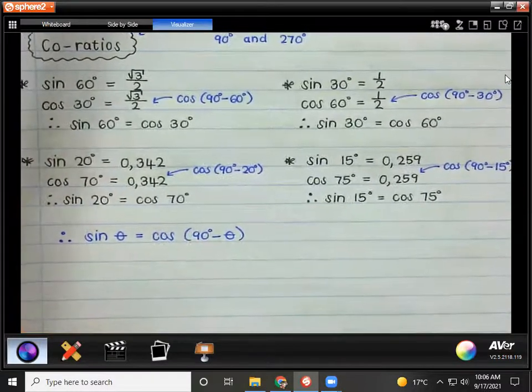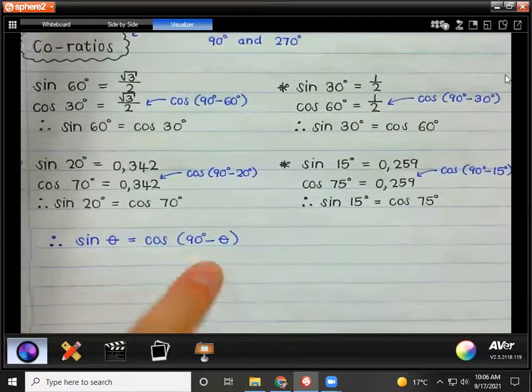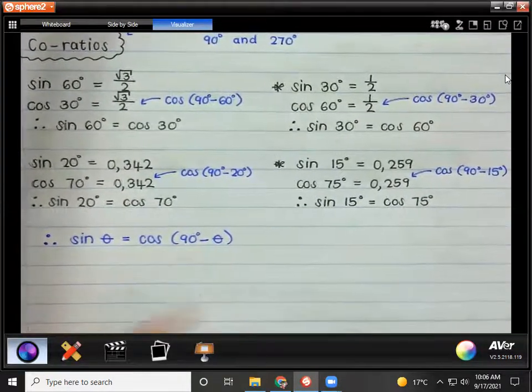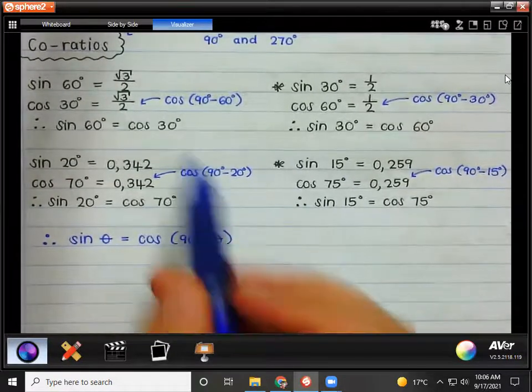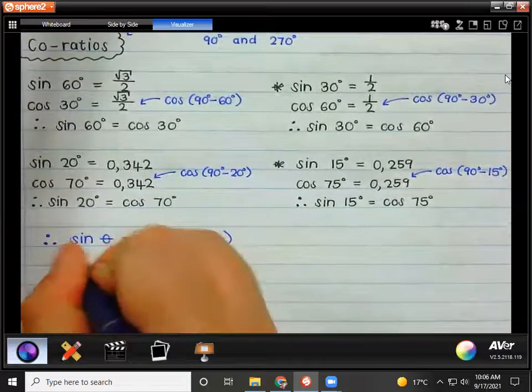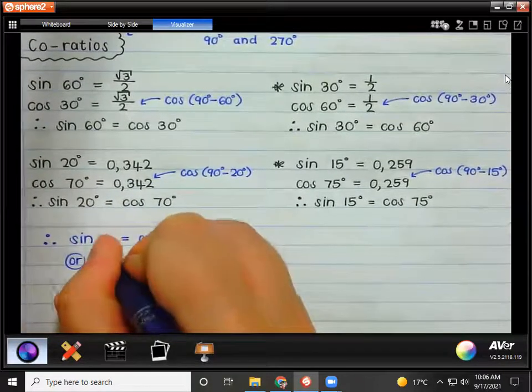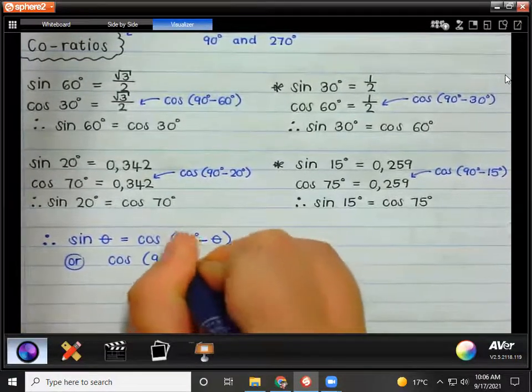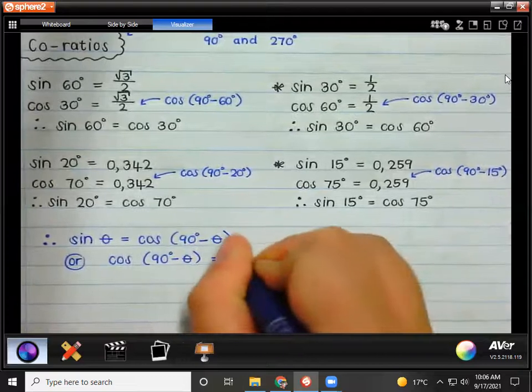But guys, obviously we can swap it around. I can start with my 90 minus, which is what's going to happen in reduction formula questions. You're going to have a 90 minus theta or 90 plus theta. The same thing happens with 270s as well. So we can swap it around and say that cos of 90 minus theta will be equal to sine theta.